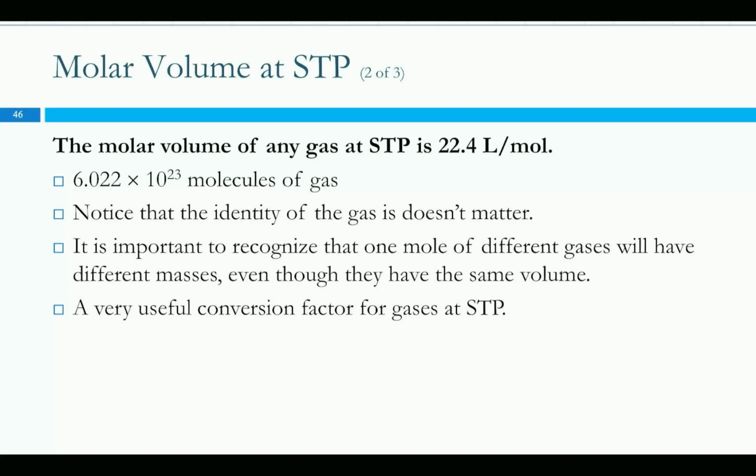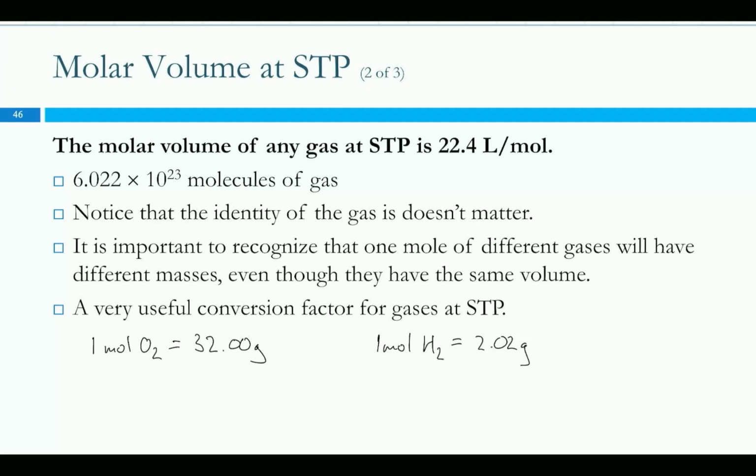Now, the way that the gases are different is that 1 mole of different gases will have different masses. So 1 mole of O2, for example, is going to have a mass of 32 grams. If it's hydrogen, 1 mole of H2 is going to be about 2.02 grams.